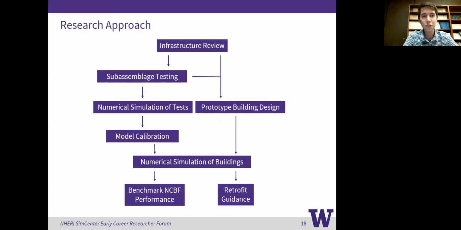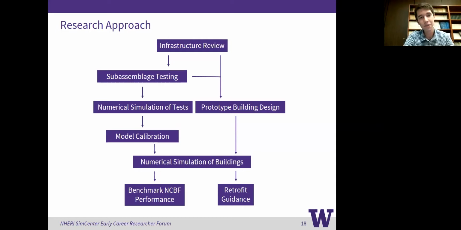The overall approach is pretty vast, and it spans something like 5 years now, and I think 5 different graduate students, including myself. It started off with an infrastructure review. So we looked back at some of the drawings to understand what these frames actually looked like. We know what the code requirements were, but it's important to see how they were actually built.